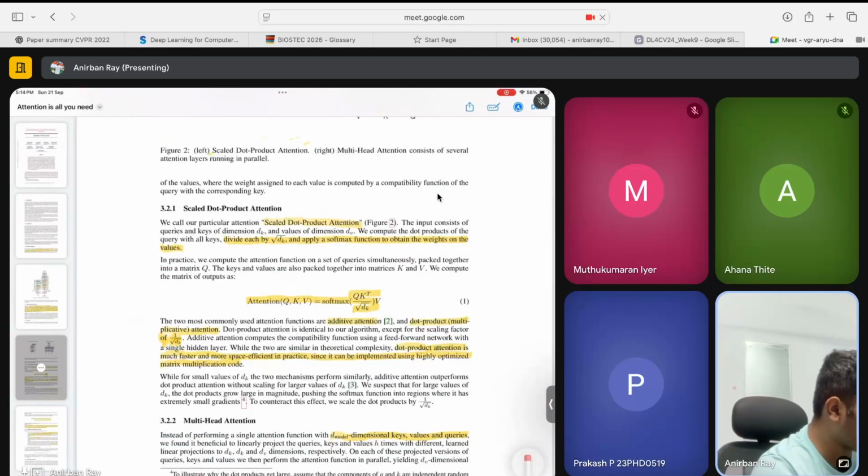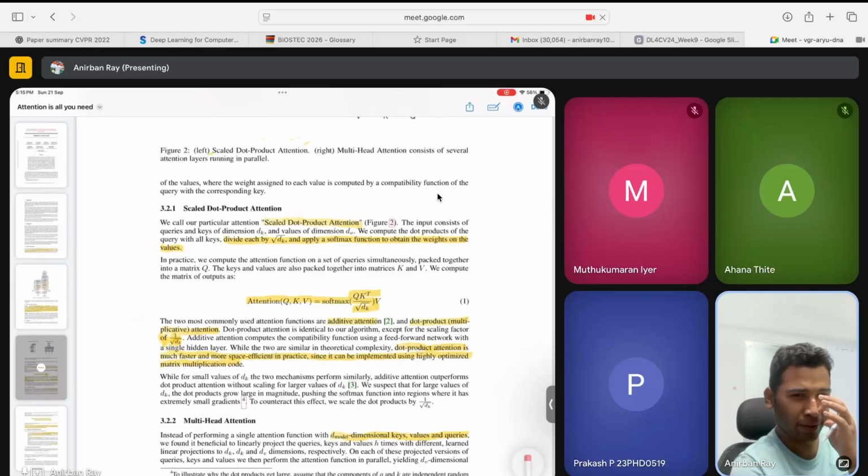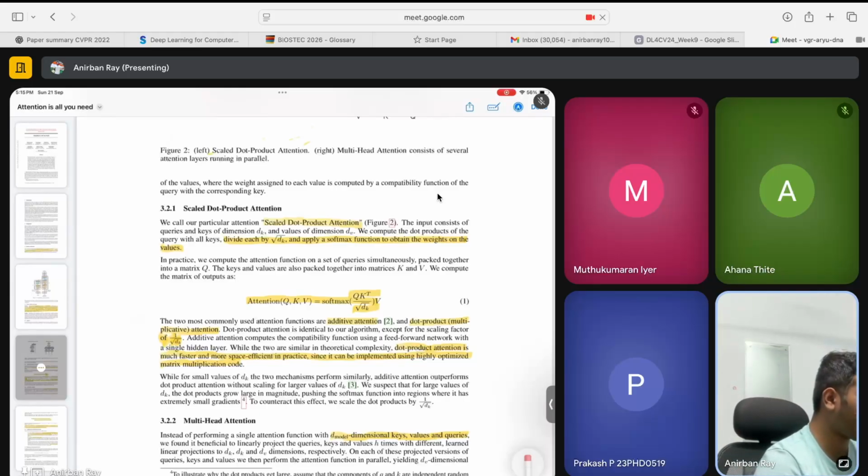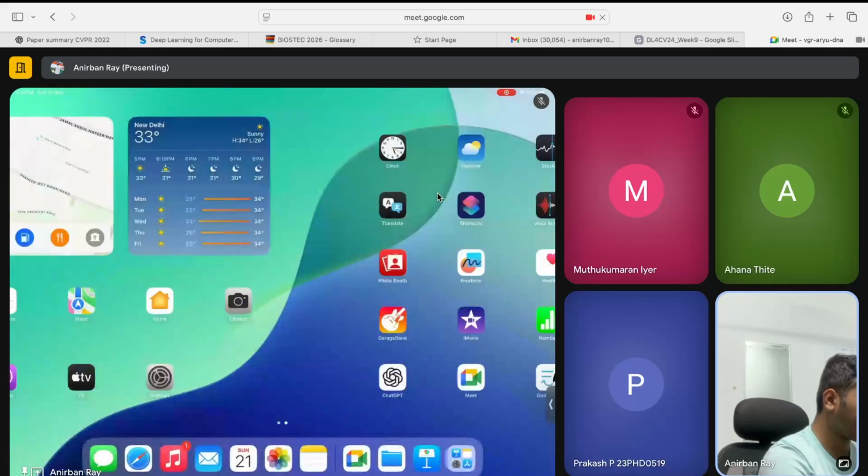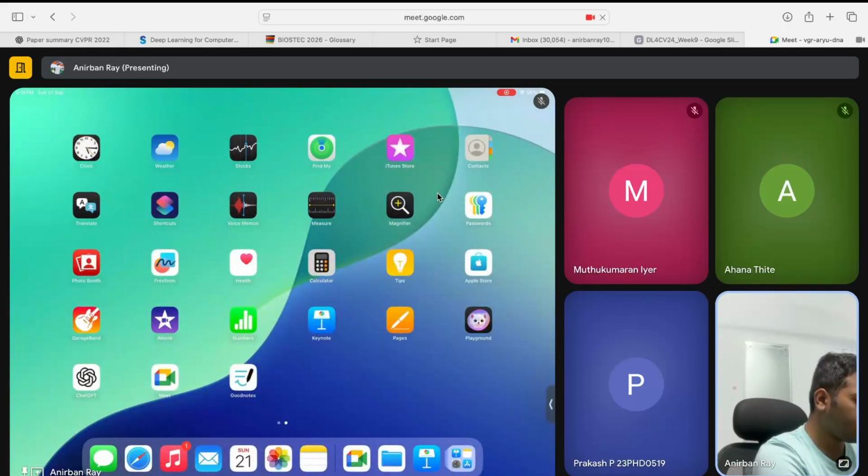This softmax we are doing, the scaling happens because in softmax we raise it to the power e, and if we don't scale, some values may dominate.